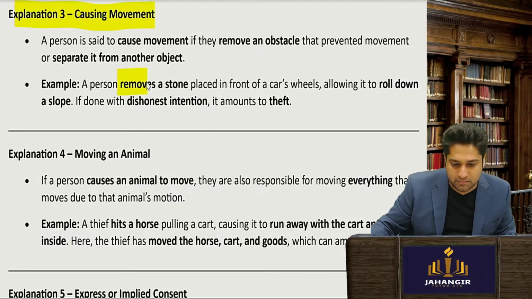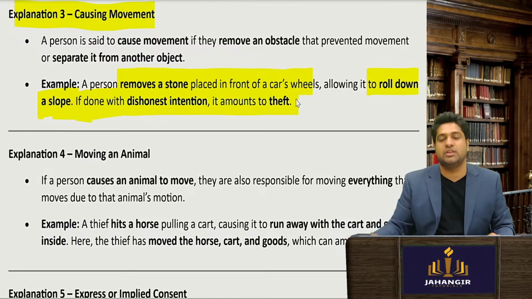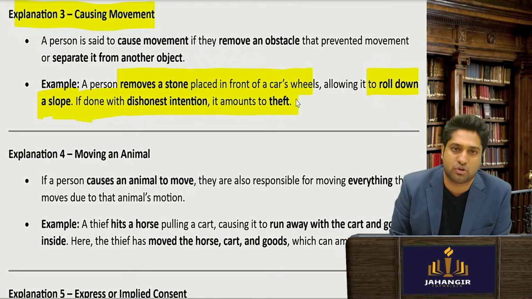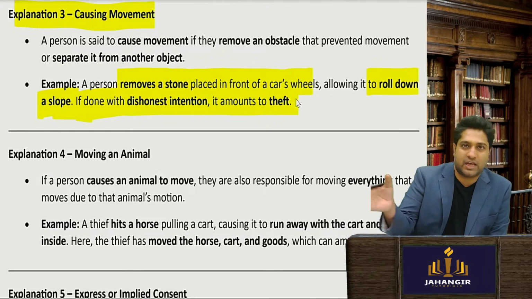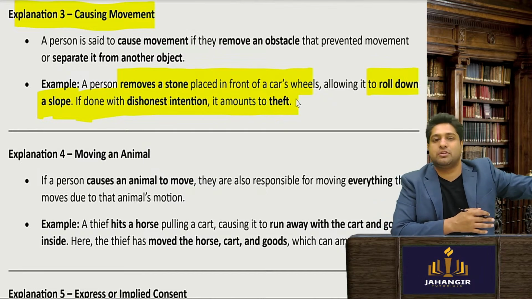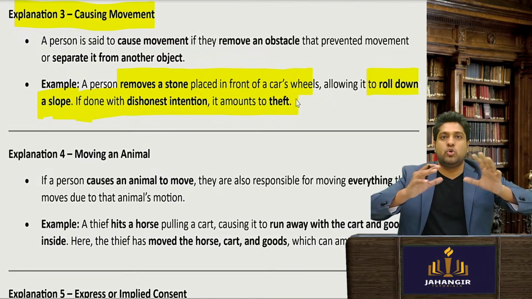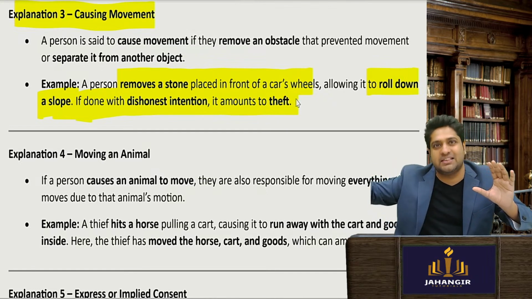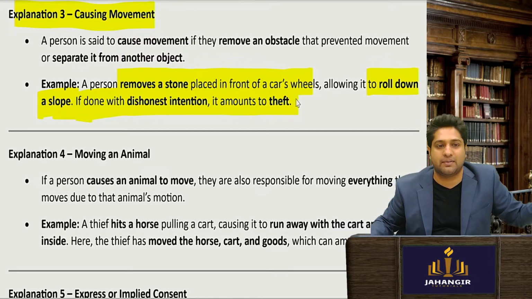If a person moves a stone placed in front of a car's wheel, allowing it to roll down a slope, if done with dishonest intention, it is called theft. Sometimes you move something so that you can clear or open the door and take things away. That will also constitute theft. To commit theft, there are multiple acts that can happen: cutting, moving, and so on.